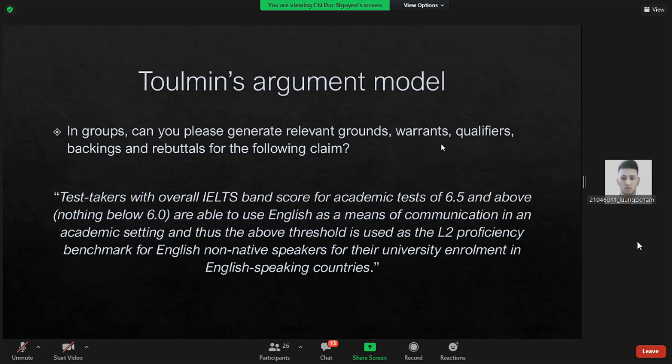Yeah. For example, with a 6.5 IELTS score, students can do some research. They can get involved actively in a lecture. They can understand the lecture. Okay, they say that they can do that already, because they all agree that with 6.5, they can communicate very well in an academic setting.